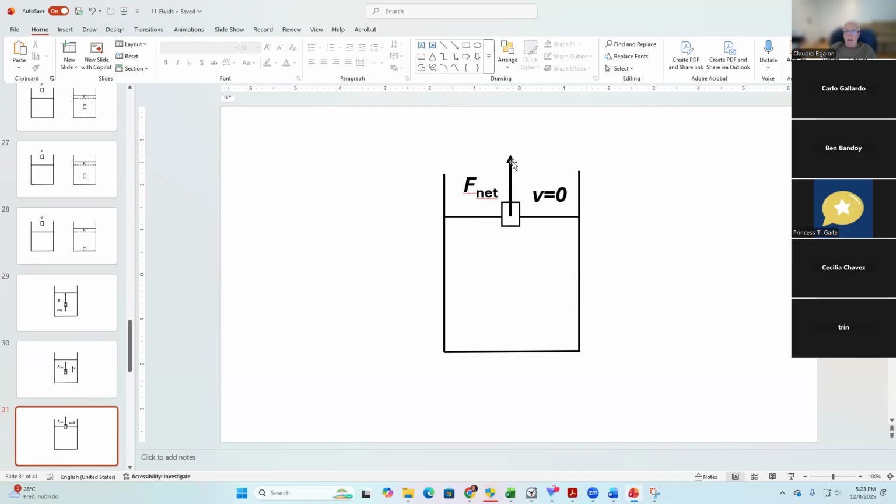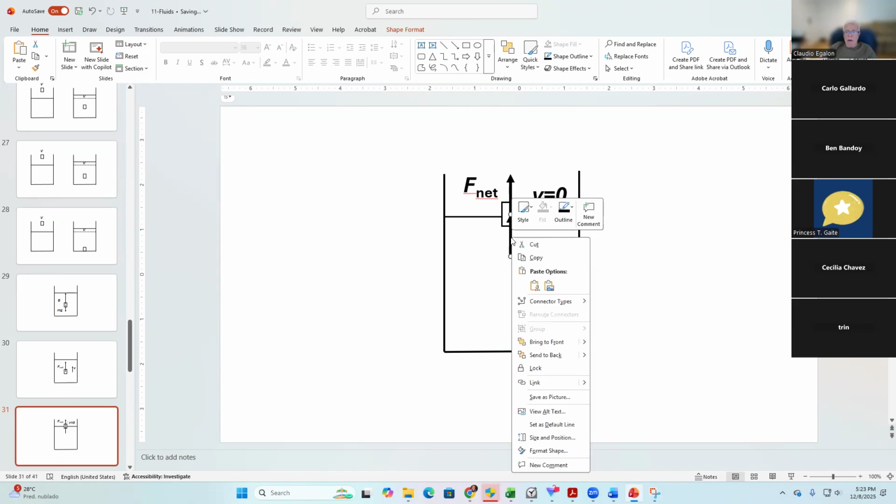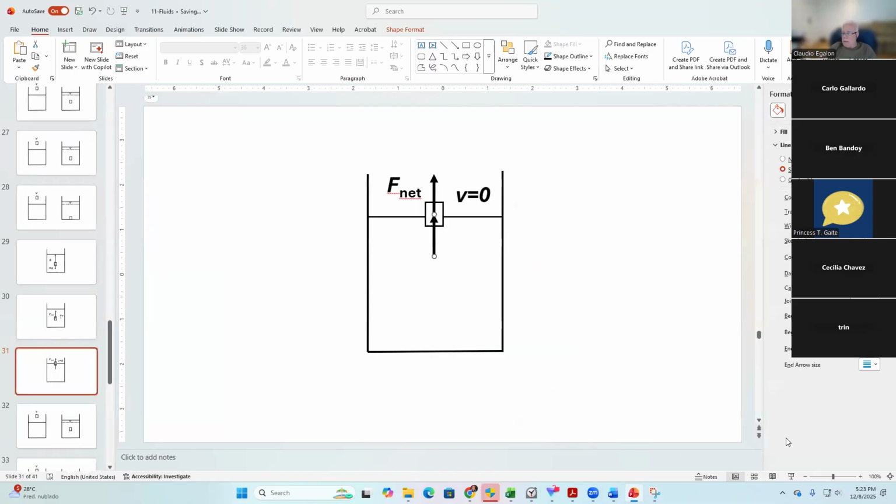The buoyant force is going to be slightly smaller because it's only a fraction of the object that's submerged. And the magnitude of this buoyant force is going to be equal to the magnitude of the weight of the object.